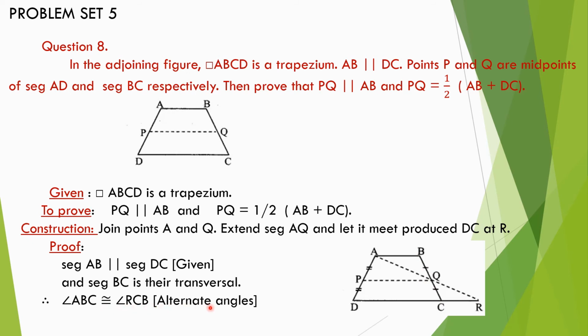And therefore, angle ABQ is congruent to angle RCQ because B-Q-C, that is the equation number 1. Now I am taking the two triangles, triangle ABQ and triangle RCQ.